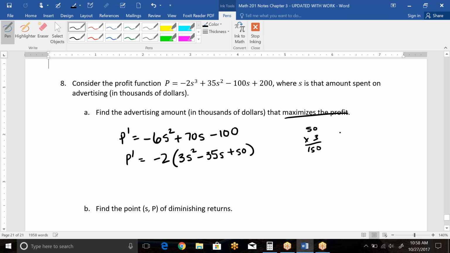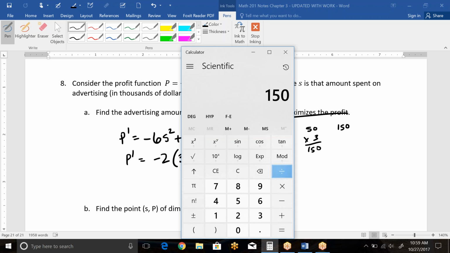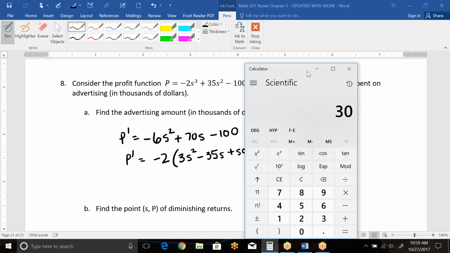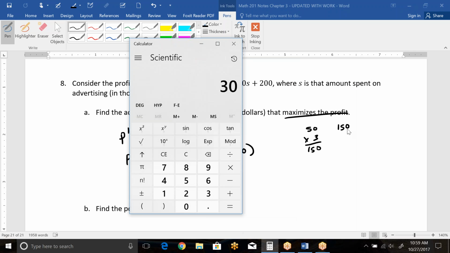That's 150. Factors of 150, let's see. So 150 divided by 2 is not going to help us. 150 divided by 3 is 50. 150 divided by 4 is not going to go evenly. 150 divided by 5 is 30. And we're looking for them to add to 35, so that'll work.